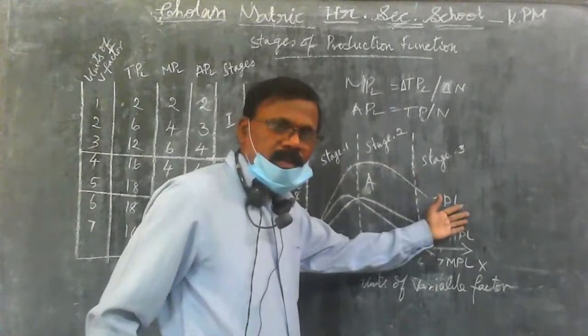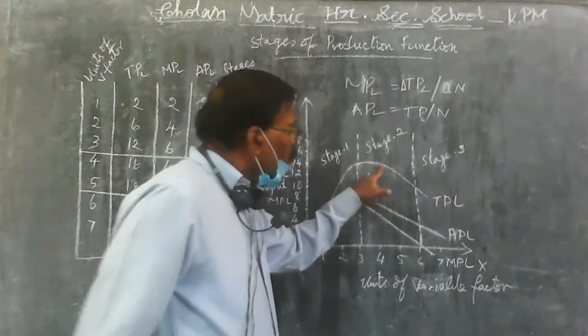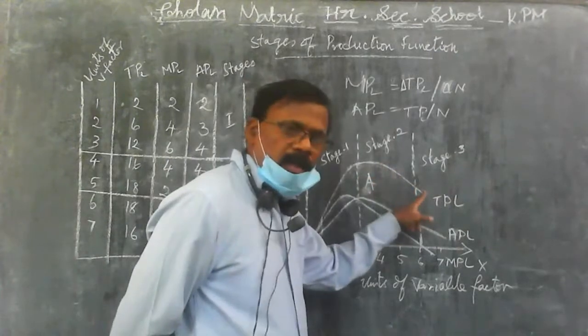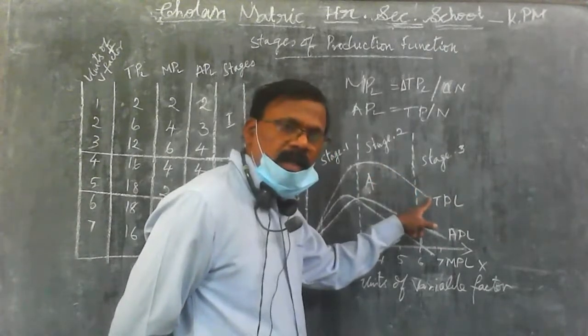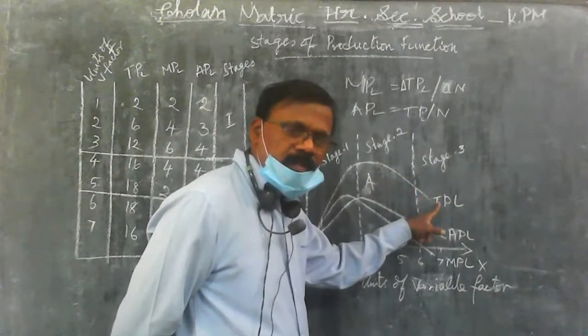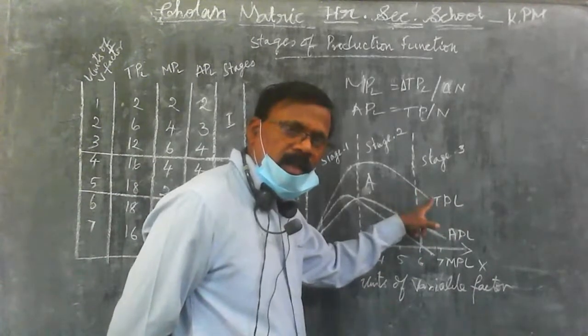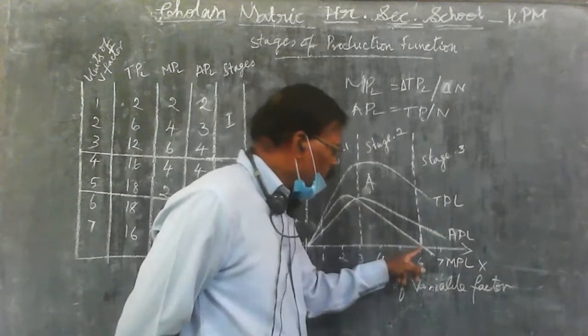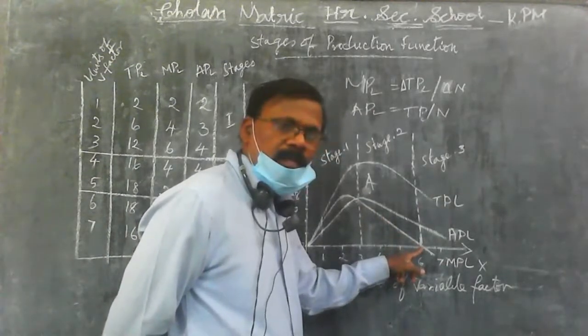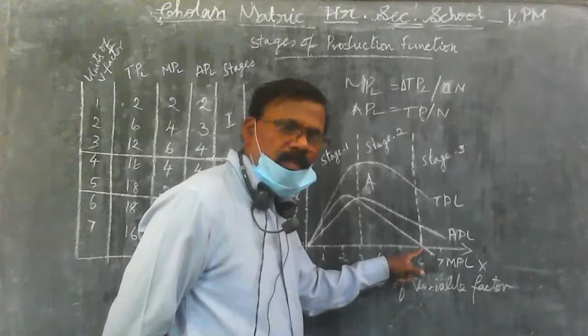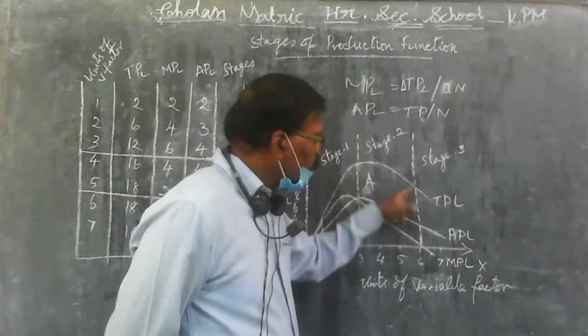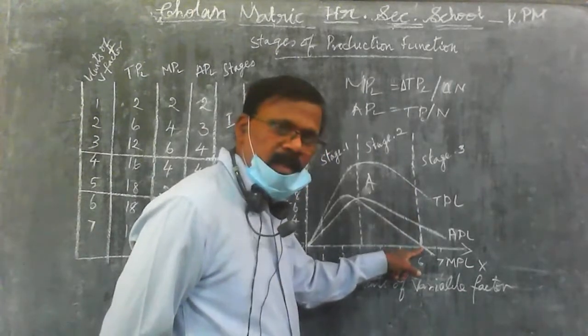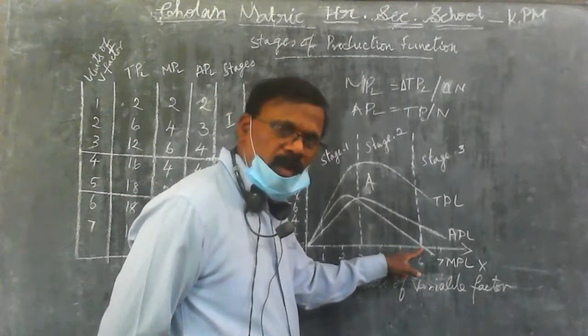Now, next, the third stage. Total product decreases. Marginal product becomes zero.